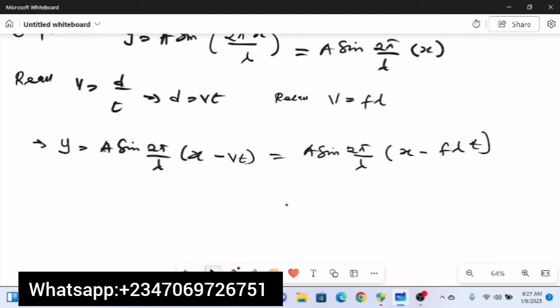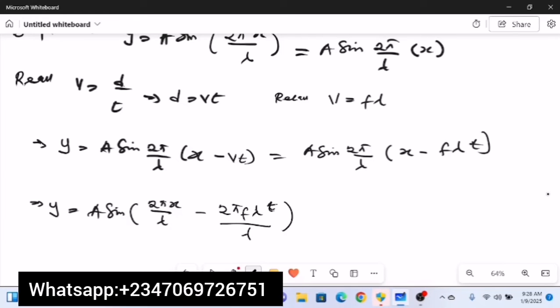So this implies that y is now going to be equal to A sine, let's now expand the bracket using 2 pi over lambda. This becomes 2 pi x all over lambda minus 2 pi multiplied by frequency times lambda times time, divided by lambda.